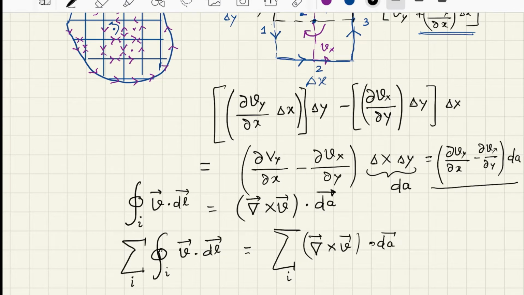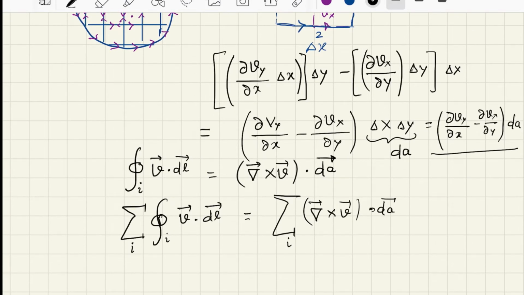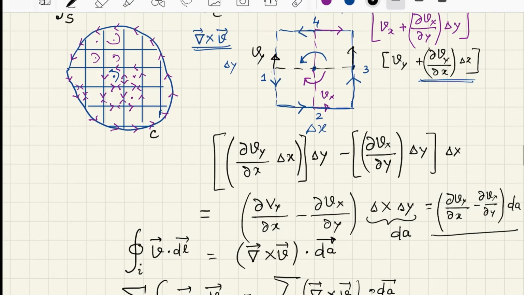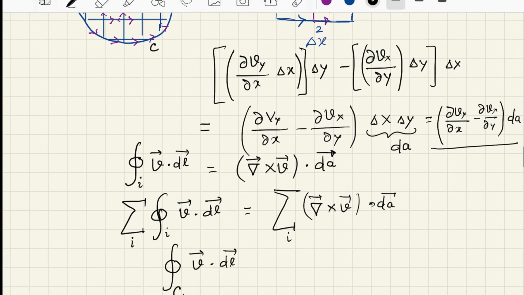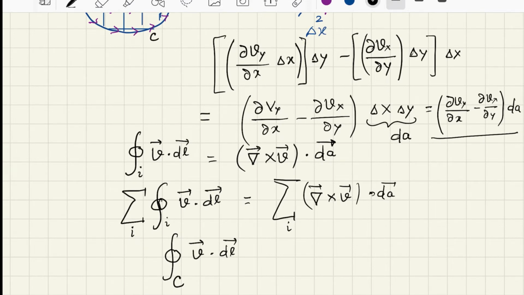Now if I take the limit, since it is the sum over all i's, obviously it is the sum over the whole curve, and hence I can write this as the integral of V dot dl. It is integrated over the path, the curve C, because we are summing over all the small elements, and that is nothing but, over the surface, del cross V dot dA.